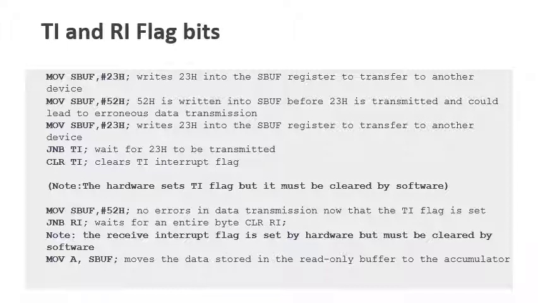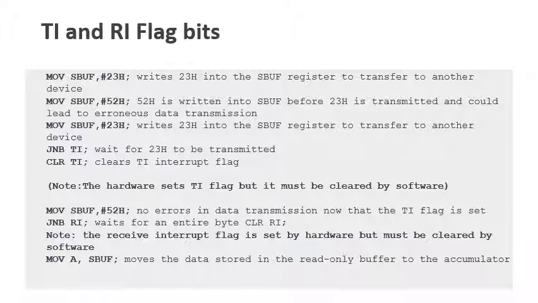To fix this issue, the TI flag is used. It is a bit in the SCON register which is raised by the microcontroller every time 1 byte of data is successfully transmitted from the SBUF register. This is how using the TI flag fixes the problem. MOV SBUF, #23H writes 23H into the SBUF register to transfer to another device.